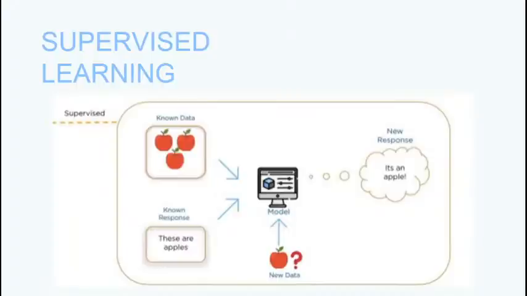So I am giving the data to the machine, and then I am giving new data to the model, which is nothing but the algorithm, okay. For that data our response will be apple, okay, it's an apple. Like this the model will predict the output, and that is called supervised learning. I have known data and known response, okay.